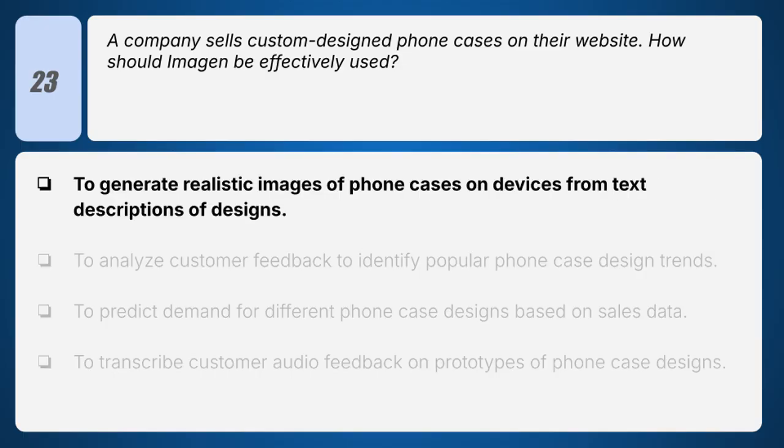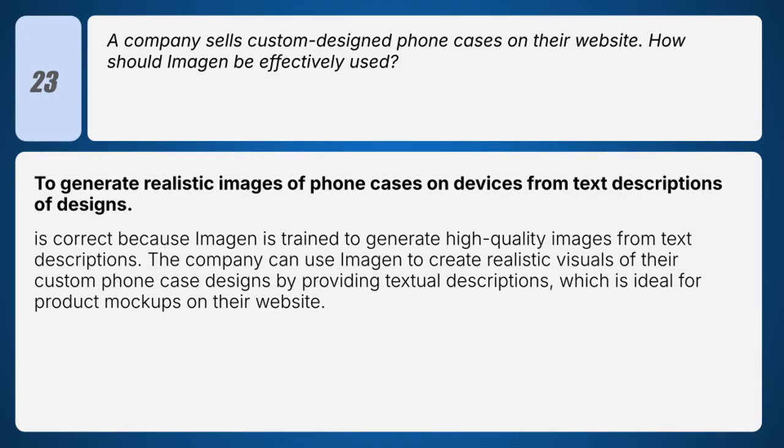To generate realistic images of phone cases on devices from text descriptions of designs is correct because Imagen is trained to generate high-quality images from text descriptions. The company can use Imagen to create realistic visuals of their custom phone case designs by providing textual descriptions, which is ideal for product mock-ups on their website.